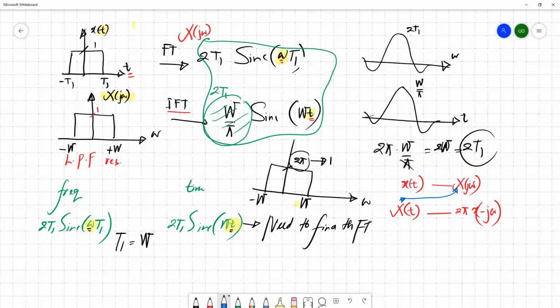So: scale up with 2 pi, take the mirror of x(t), replace t with omega. Nothing else. We take this time domain function and scale it up by 2 pi, then take the mirror image and replace t with omega. So this is very simple.